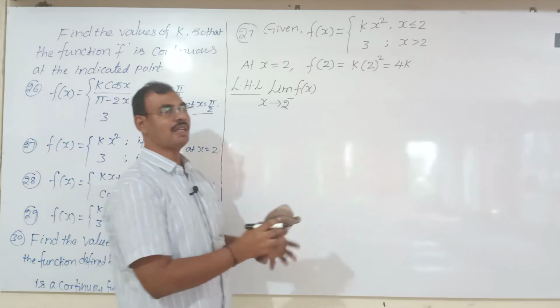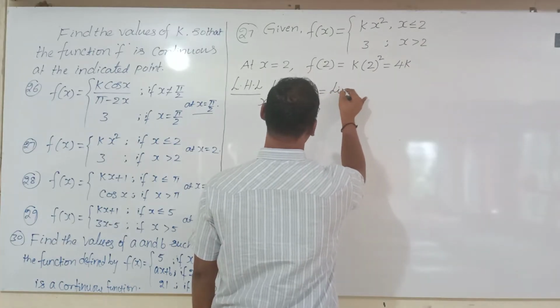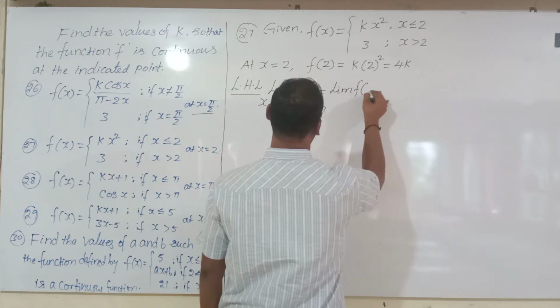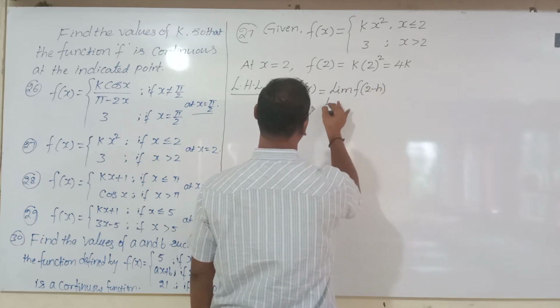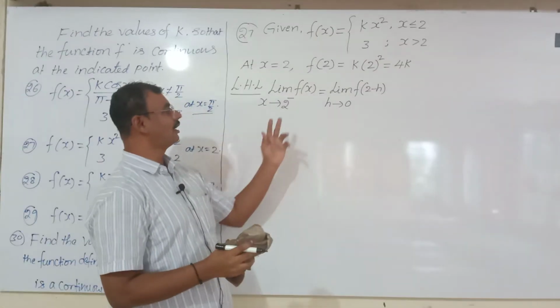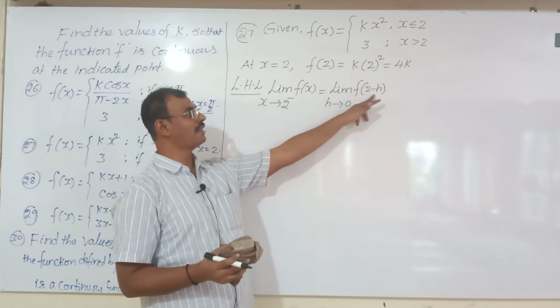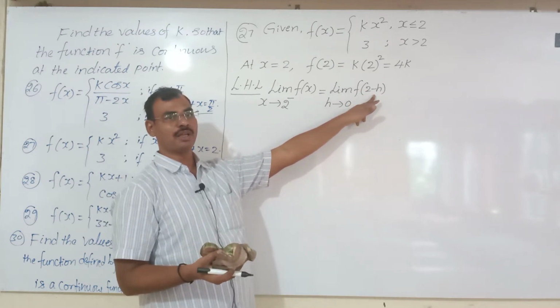I would change the same function in another way: limit of f of 2 minus h as h approaches 0. Aren't they the same? Yes. So 2 minus h means it is smaller than 2.